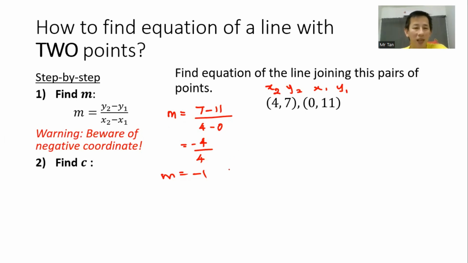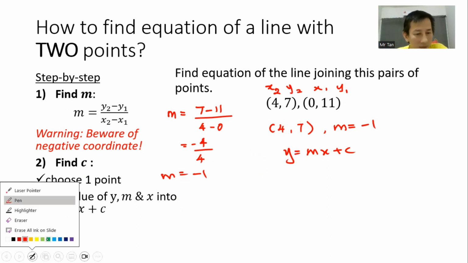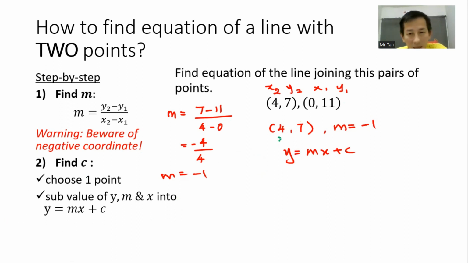Now to find c, you just need to choose one point. Out of these two, you choose one. Let's say I choose (4, 7), where your gradient is equal to -1. So you substitute into y = mx + c. This will be the x, this will be the y.